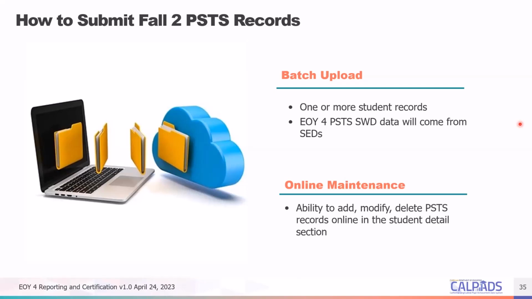Yes, because fall 2 normally is focused on CTE completers. If those students are essentially the same students and they were also CTE completers, then you could still use that subset of students and add it to the current survey results for the end of the year.